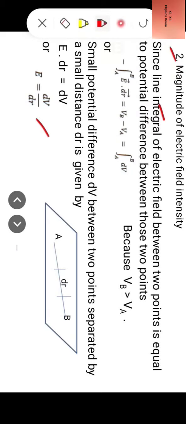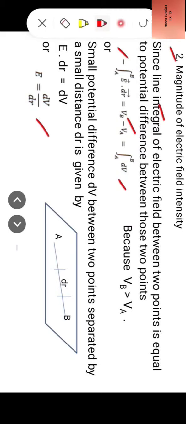Mathematically, we have minus integral a to b E dot dr is equal to Vb minus Va, or we can write Vb minus Va as integration a to b dV, because Vb is more than Va, so we take the difference as Vb minus Va.